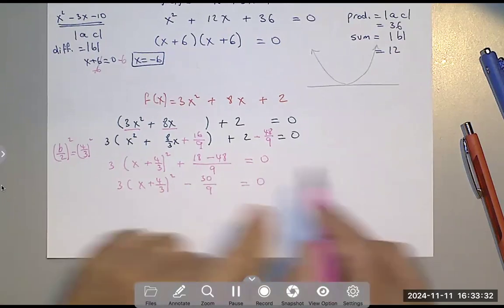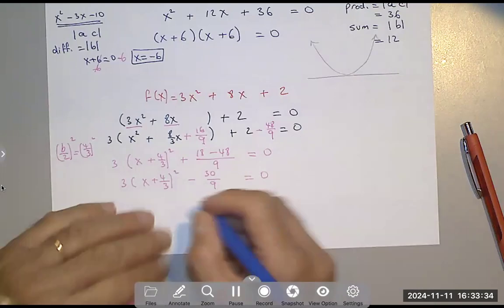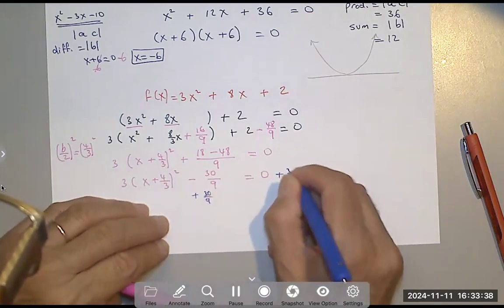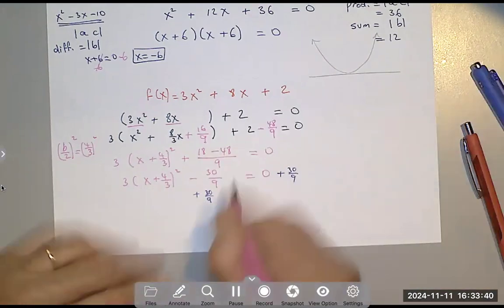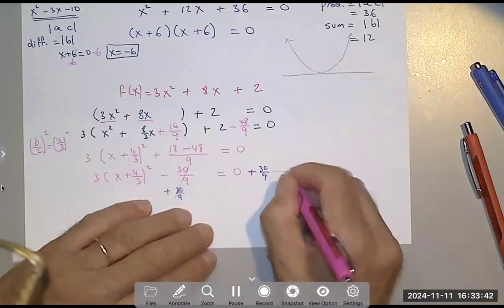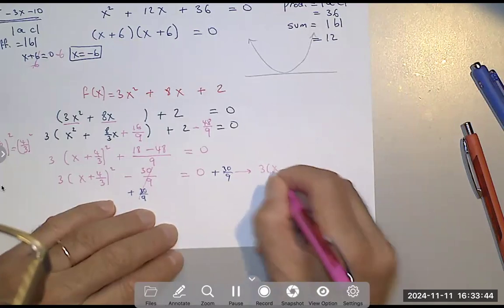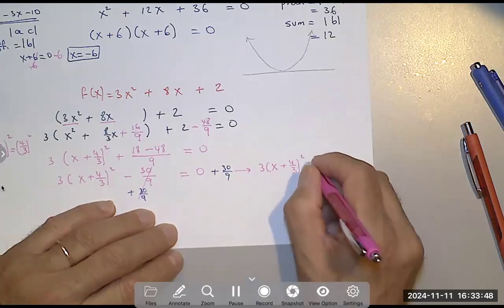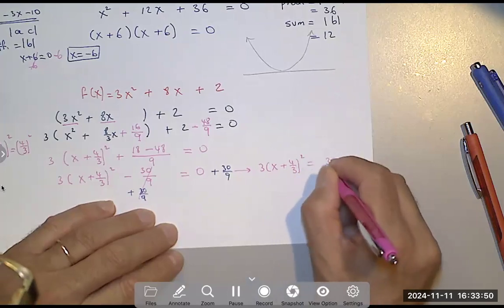I can move this to the other side, or I can simplify. It doesn't matter which one you do first. So I get 3 times x plus 4/3 squared equals 30/9.